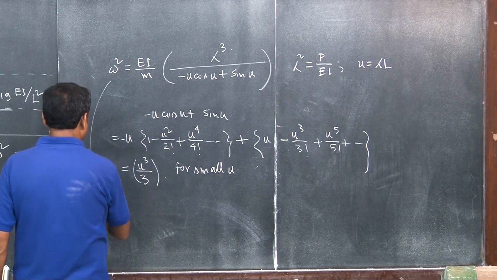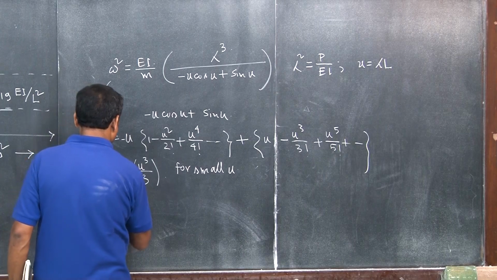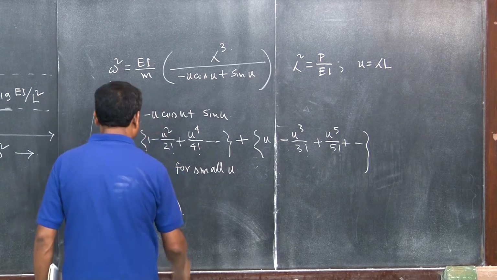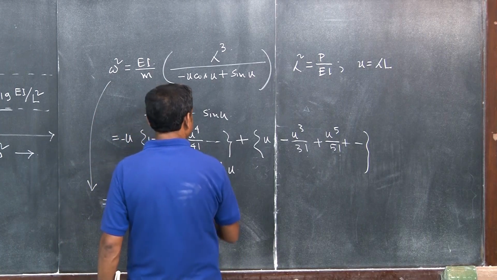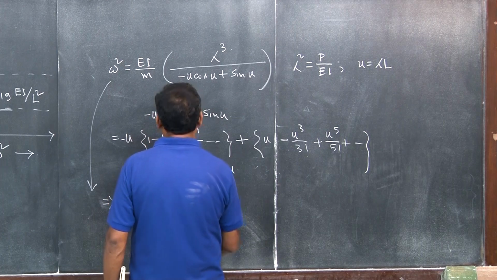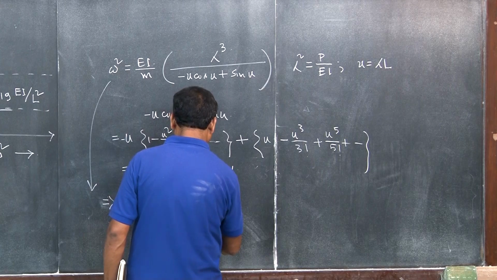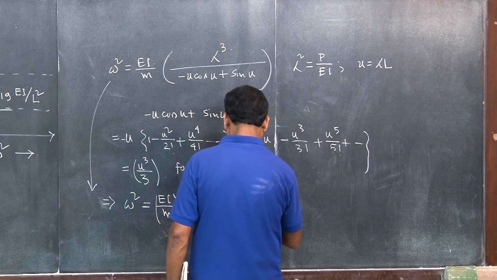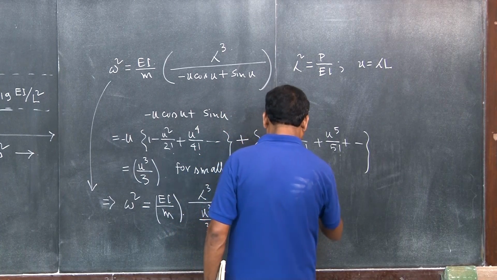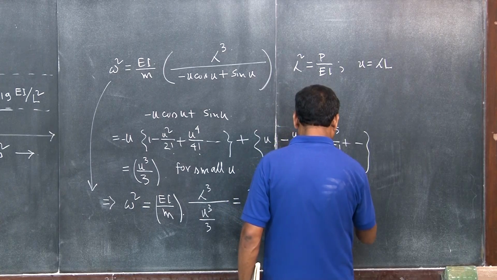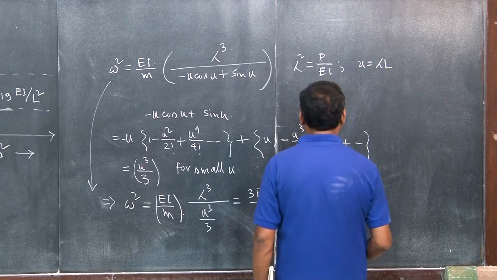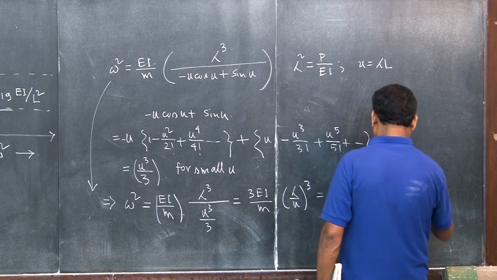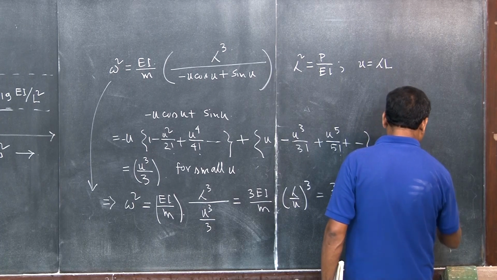So if you simplify it, omega square is equal to 3I upon m, lambda upon u cube, is equal to 3I upon m. Lambda u is nothing but lambda L, so 3I by m L cube.